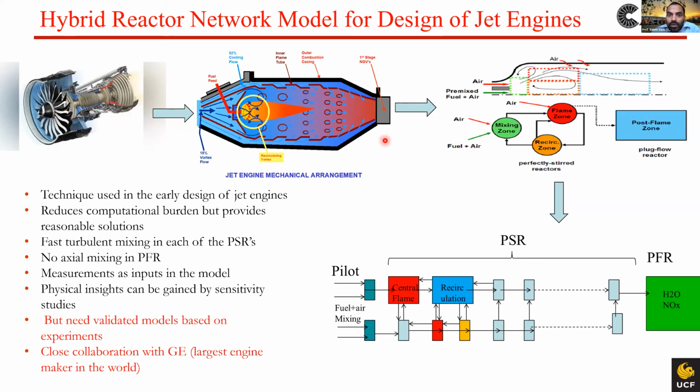And if you remember, computer-based tools are used for almost every design these days. But the first jet engines came out in the 1950s, when computers did not really contribute to that design, right? So they used this approach called reactor network modeling at that point to develop those engines. Primarily, you have this big engine, and let's section that into different zones, some of which are based on measurements.